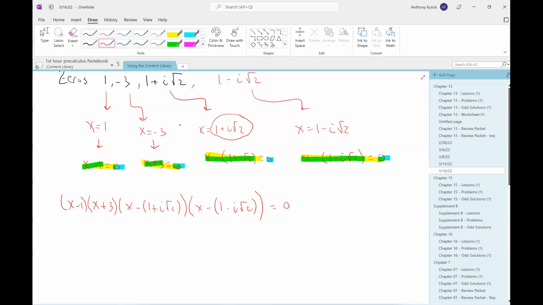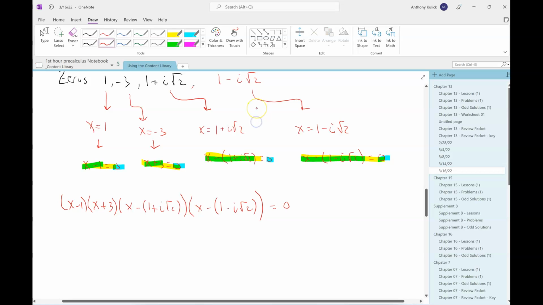And I'm doing that because on this step, it's going to make the arithmetic a little bit easier to think about it that way, rather than subtracting the 1 over and then subtracting the i root 2 over. It means less negative signs, and I think it's going to make our lives a little bit easier in the future, which is why I'm doing it that way. It's not wrong to do it one piece at a time, but I think it makes it more inconvenient in the future. Sounds good. But totally reasonable question.